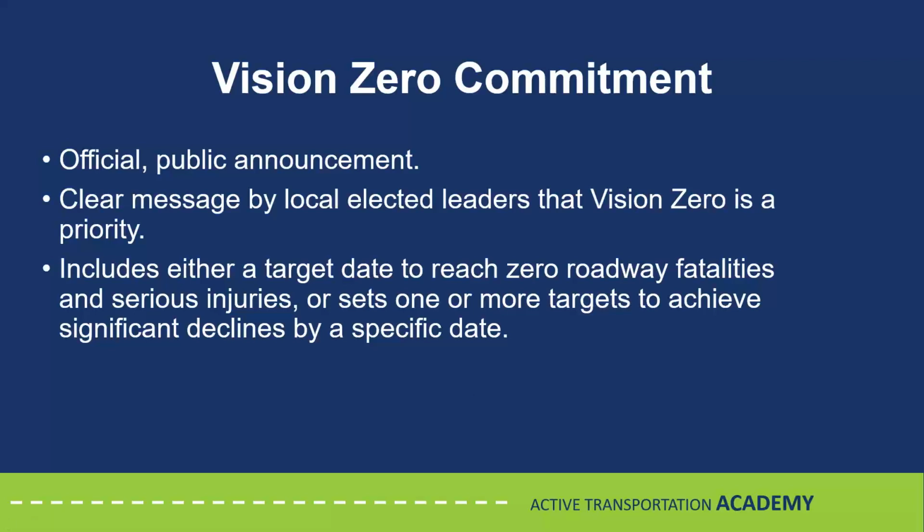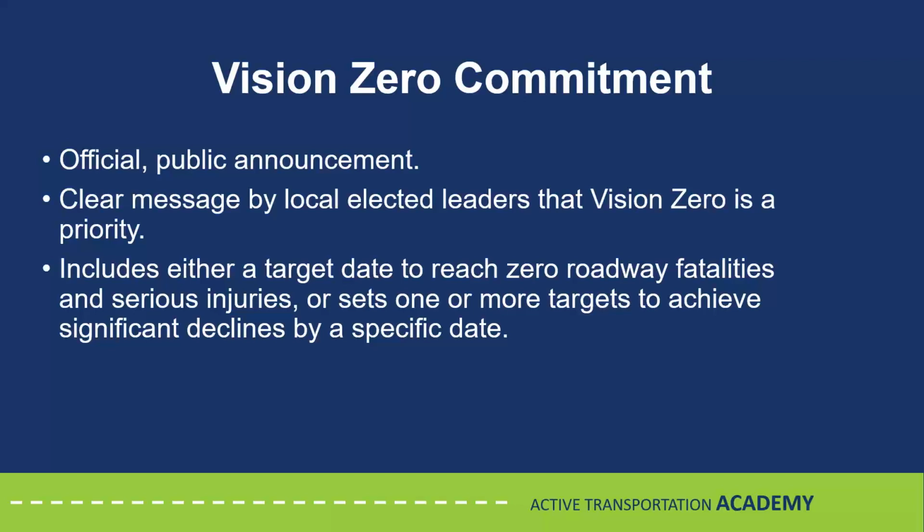This is where your highest ranking local official, mayor, council, city manager, county commissioners, whatever jurisdiction you're working in, your highest ranking public official calls a press conference and makes an official public commitment to eliminating roadway fatalities by a given year.